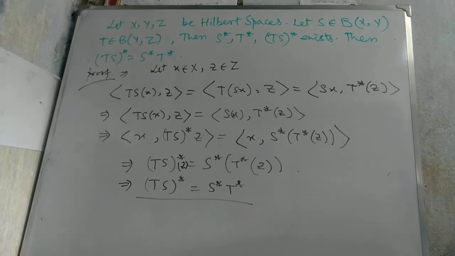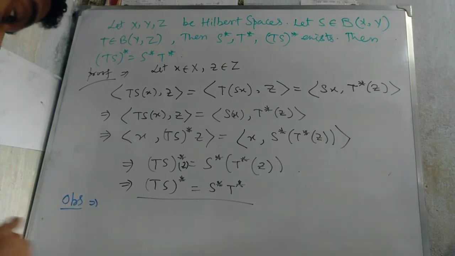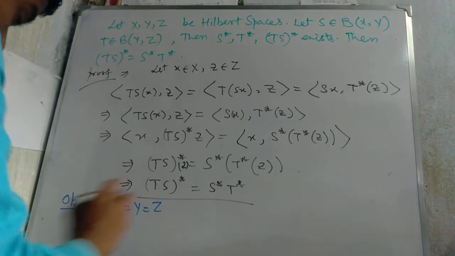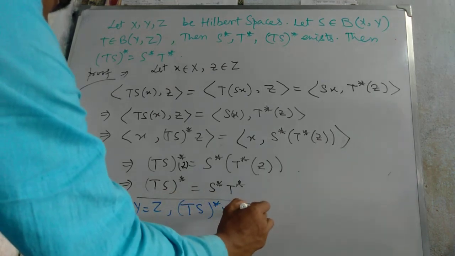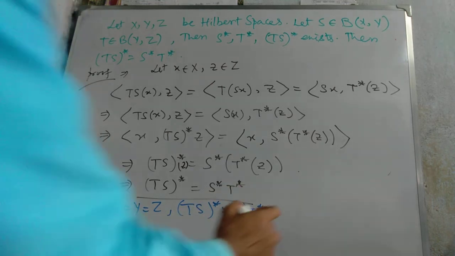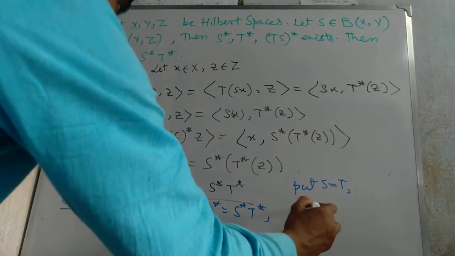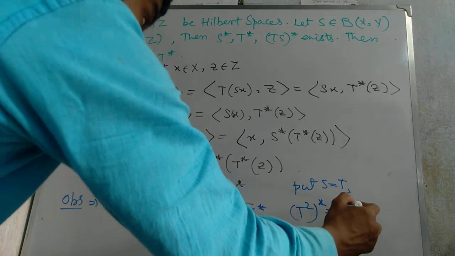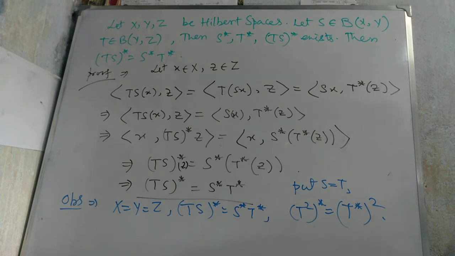Then here we get some observations. If X, Y, Z are the same space, then (TS) adjoint equals S adjoint T adjoint. And if we put S equal to T, then (T squared) adjoint equals (T adjoint) squared.